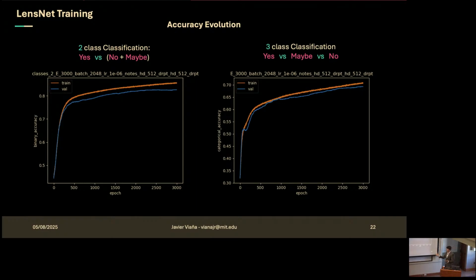So how do we tell if the model is doing good or not? Well, this is a very common plot in computer science. On the left, you have the two-class classification problem: classifying the yes categories versus the no's and the maybes, which we put together as a single category. On the horizontal axis you have the epochs, as you're learning. Learning in AI happens gradually.